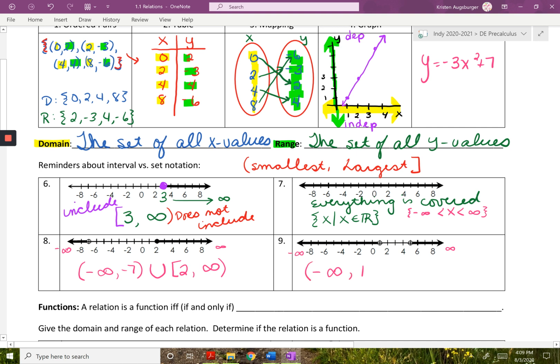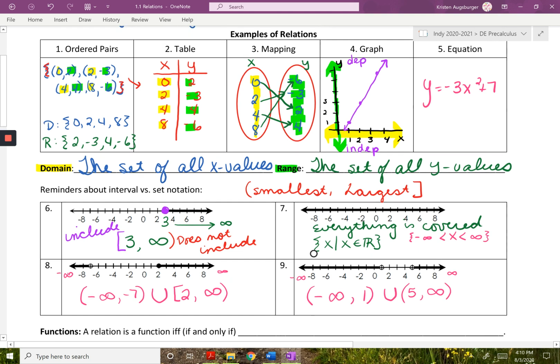That 1 has an open circle, so it should be a parenthesis as well. Now I've got a break, so I'm going to union this together with its other piece, which starts at 5 and goes to infinity. 5 also has an open circle, so it is a parenthesis, and you reach infinity.